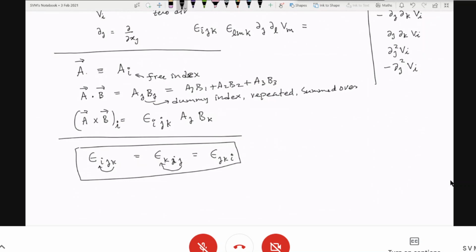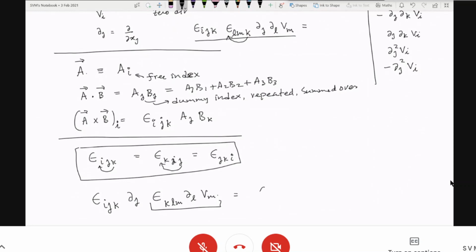Now let us look at this expression. This expression is epsilon ijk. Let us write this del j outside and then write this one as epsilon klm into del l Vm, because this lmk I can write as klm. I can take this k here. Now from this definition, it is like a cross product.